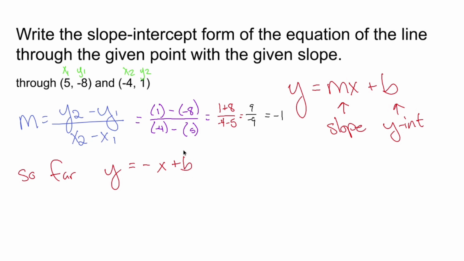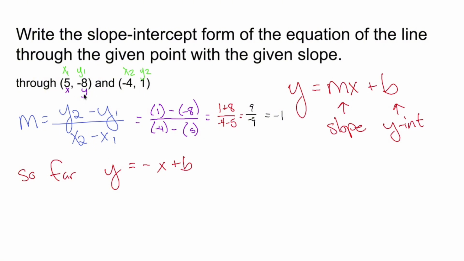I need b. So I'm going to pick any of these points, and it doesn't matter which, and call it x, y, because any point is x, y, and I'm going to substitute the x and the y that I chose into that. Again, it doesn't matter which point I choose, I'll get the correct answer anyway.